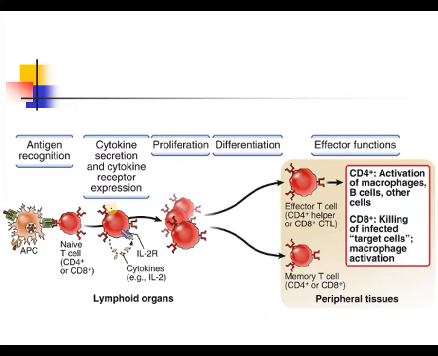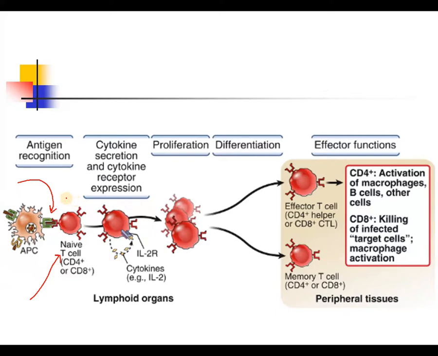So this is the big picture for those processes, antigen recognition being the first, MHC plus peptide being presented to a naive, mature T cell. If the T cell likes what it sees, the T cell receptor recognizes MHC plus antigen.